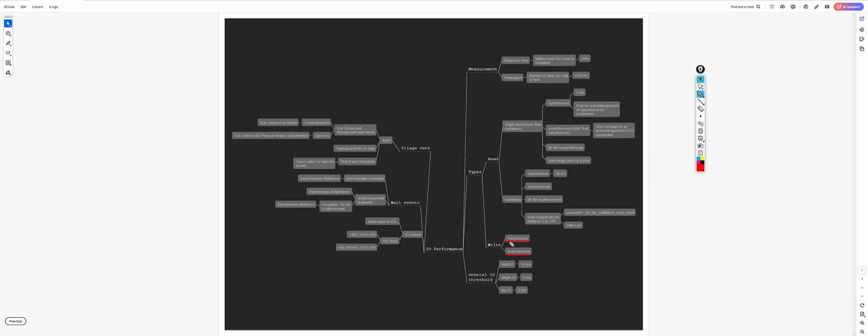This is just a generic concept which you need to understand. Writes can also be categorized into synchronous and asynchronous. That's it. This may differ for different storage vendors.